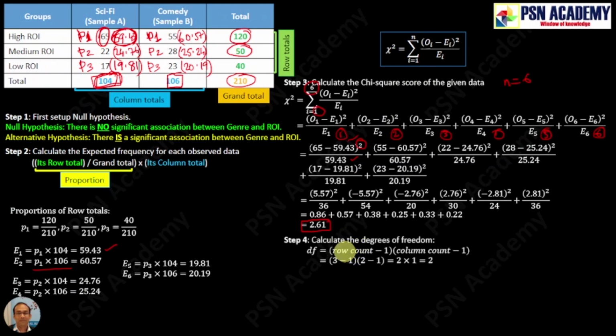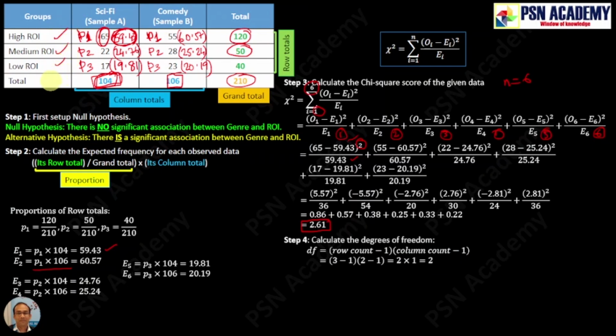Next, we go for step 4, calculating the degrees of freedom. Here we have degrees of freedom as (row count minus 1) times (column count minus 1). Row count is 3, because this is the first row, second row, and third row.